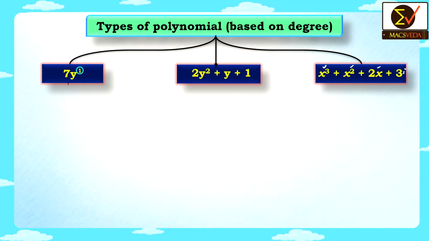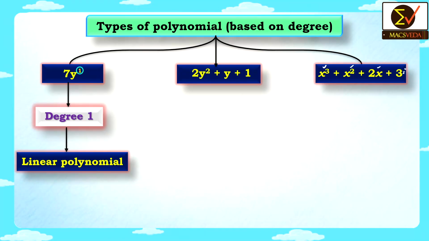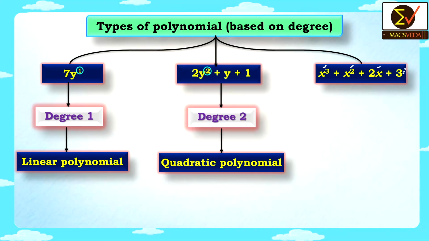Now if you observe, in the first polynomial the highest degree is 1. So we call it a first degree polynomial or linear polynomial. In the second polynomial, the highest degree is 2. So we call it a quadratic polynomial or polynomial of degree 2.